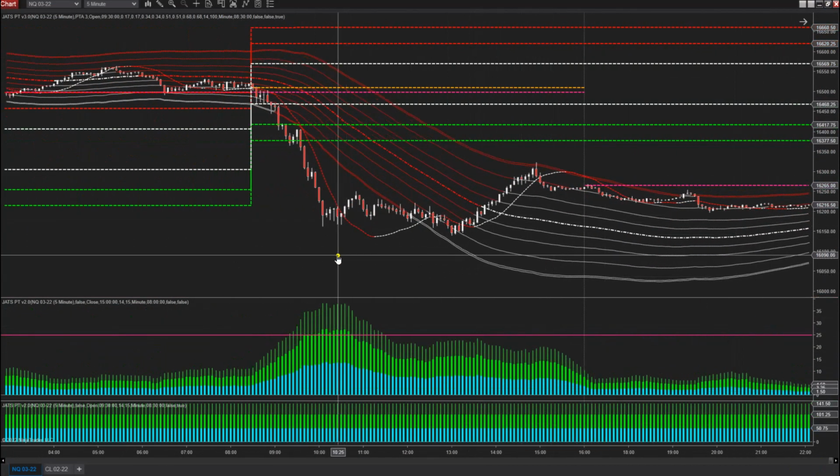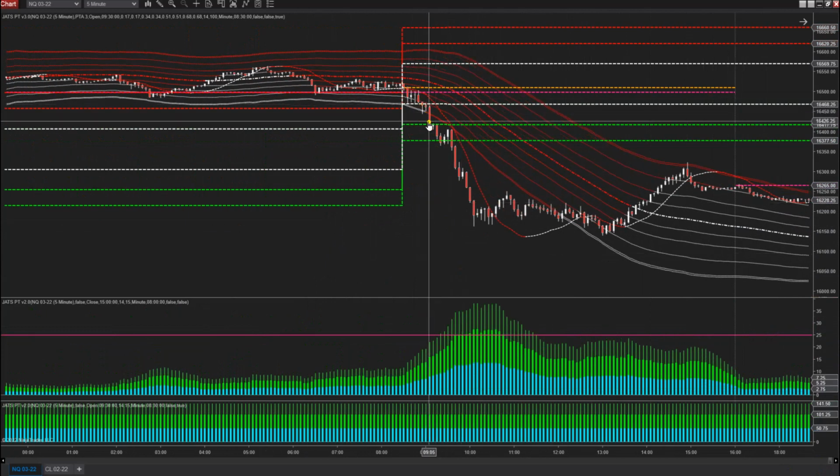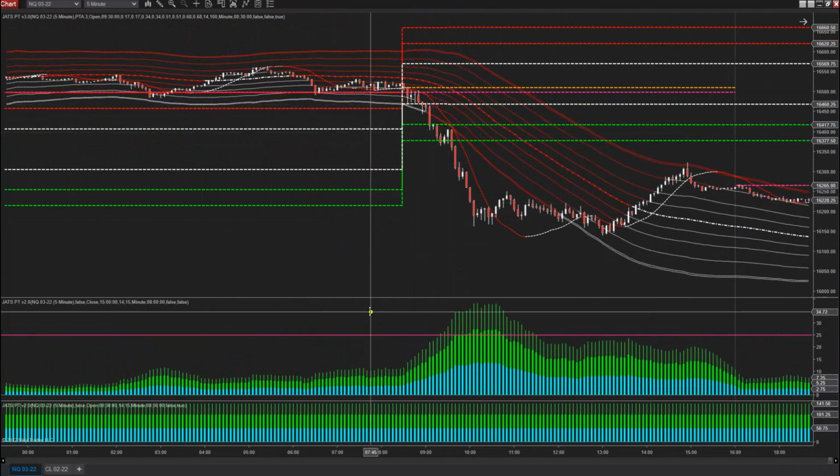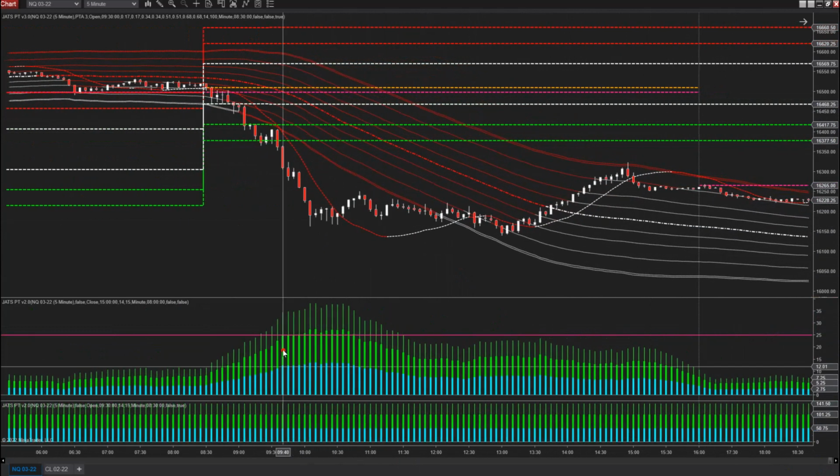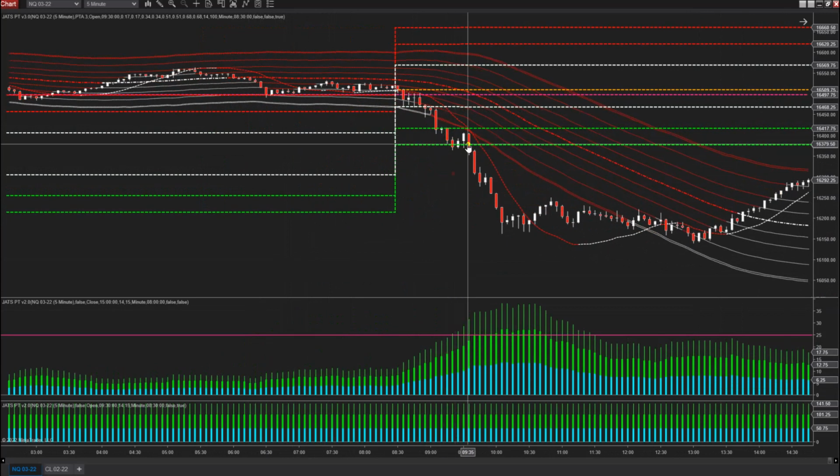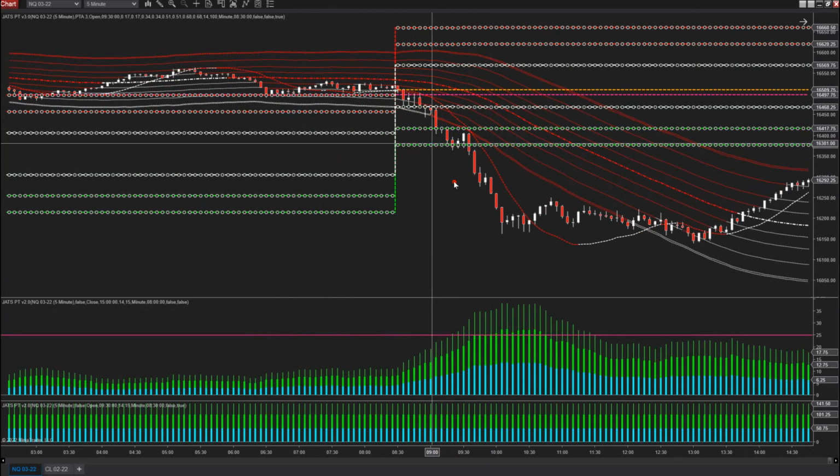Reverse or break, right? And that was a clear breakout. Look, a breakout, and it came back and tested the channel, and then back down below the PT3. And that's your 1 hour IB PT3.